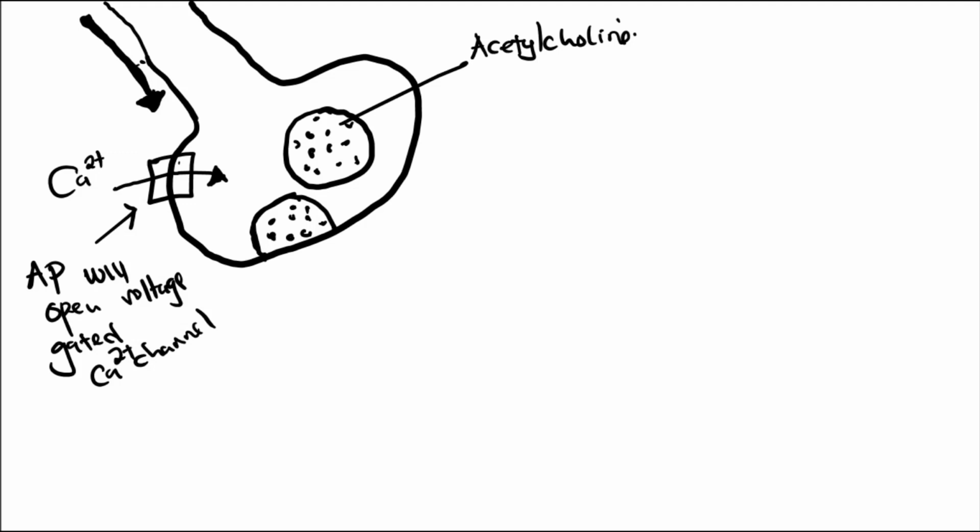When the vesicle fuses with the membrane of the axonal terminal, it will cause the release of acetylcholine into the synaptic cleft. What I'm drawing here is the membrane of the muscle cell. The space between this axonal terminal and the muscle membrane is what we call the synaptic cleft.